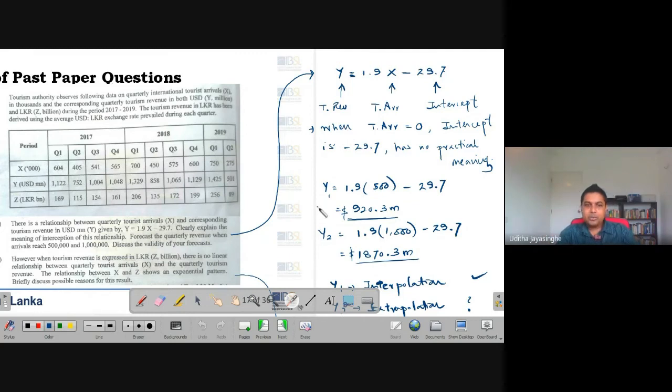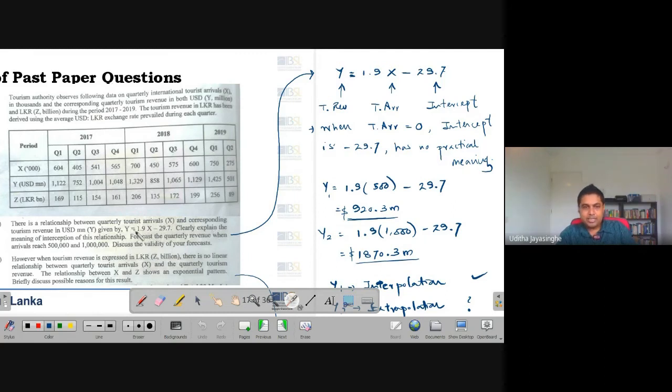Now once we have the equation, how it is built up using these x variables: these values, 600, 400, 700, likewise, are used to come up with this equation. So we can easily forecast the next point once you are given any point. See this 500,000, how do we plug it into this equation?